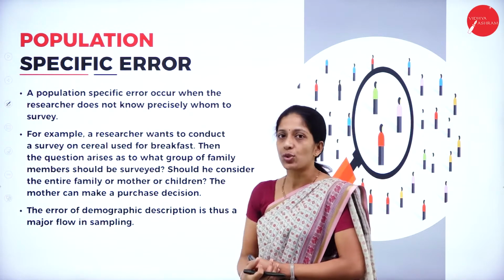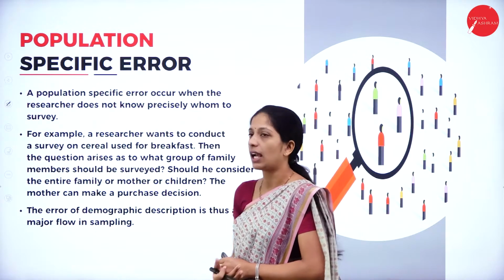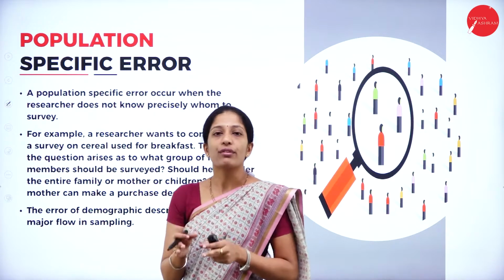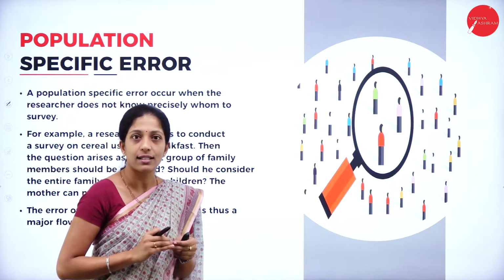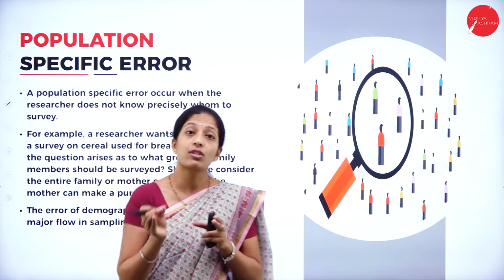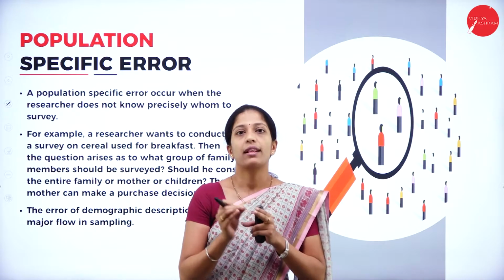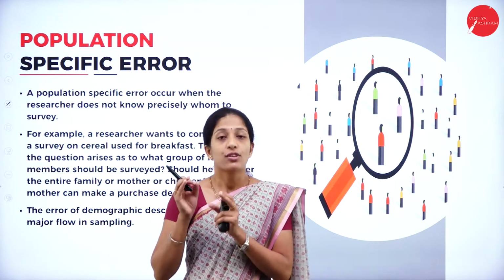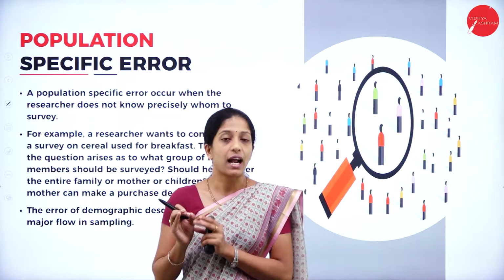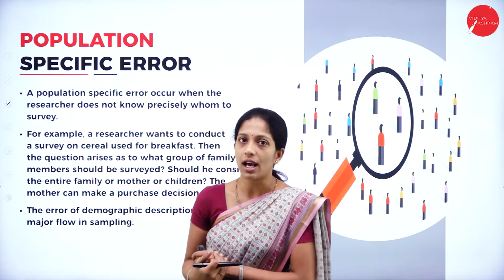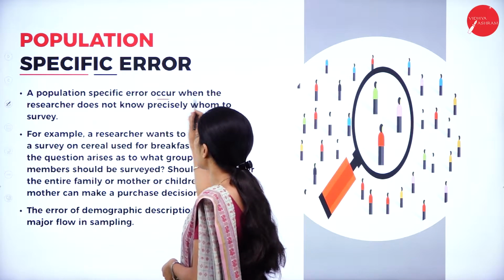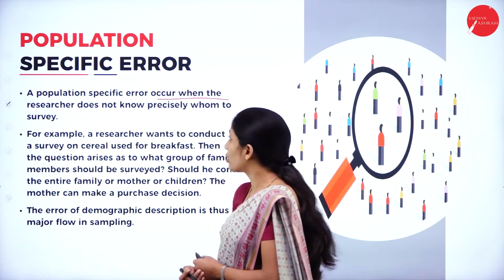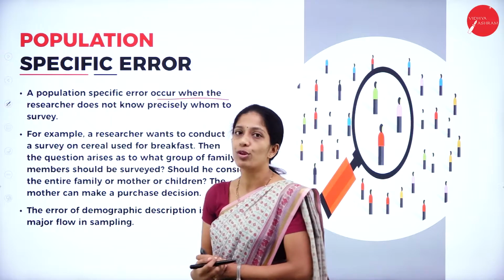Now coming to the first one, population specific error. In order to represent the whole population, how does the researcher have to select the sample? The researcher has to study the population first, then select the sample, so that the sample represents the entire population. The population specific error occurs when the researcher does not know precisely whom to survey.